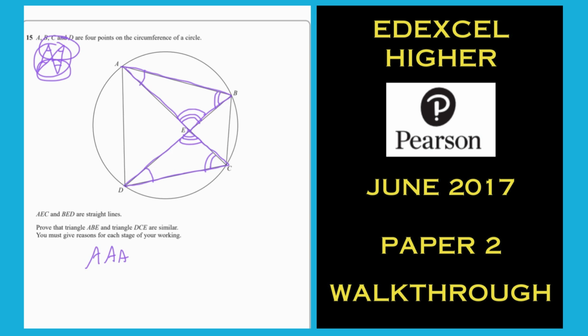And if all angles are the same, there's no way you can show that the sides are the same length unless you've got a bit more info. But angle, angle, angle is enough to justify that they must be similar. Because don't forget what similar means. Similar means same angles, but could have a scale factor for the sides. So it's enough that all the angles are the same.